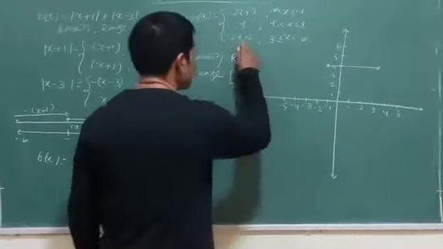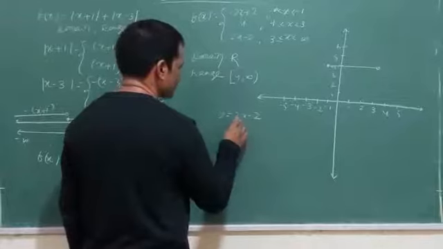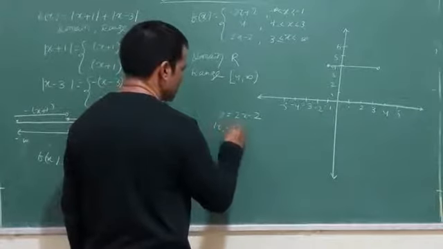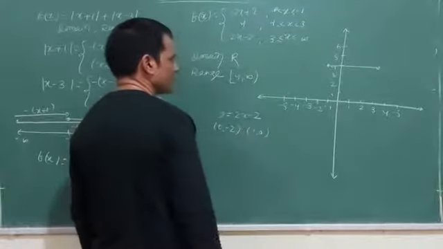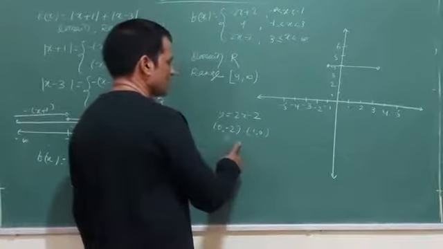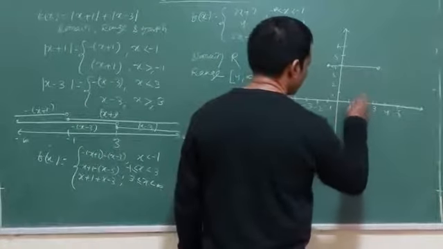Or let's suppose I draw this one, y is equal to 2x minus 2. x is equal to 0, y is equal to minus 2. y is equal to 0, x is equal to 1. So the points (1, 0) and (0, minus 2). 0, minus 2 will be somewhere here. So if I draw it, it will pass through that.